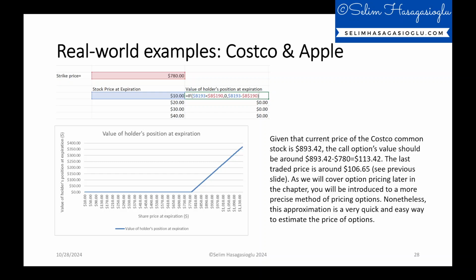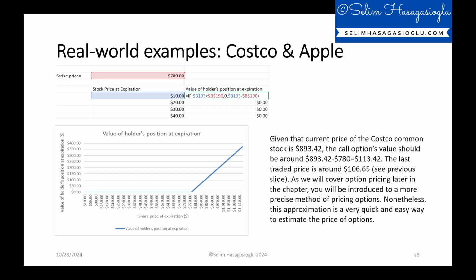And the last traded price is around $106.65. So for each stock, you are making something around $7. And because a contract stands for 100 shares, you are making something around $700.